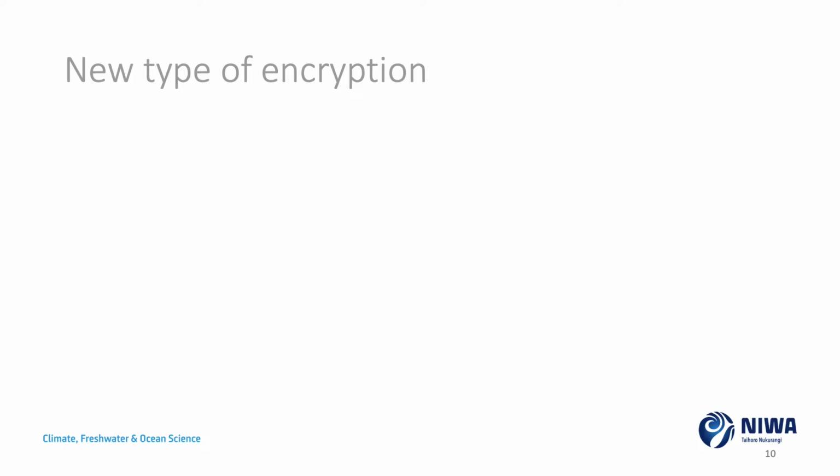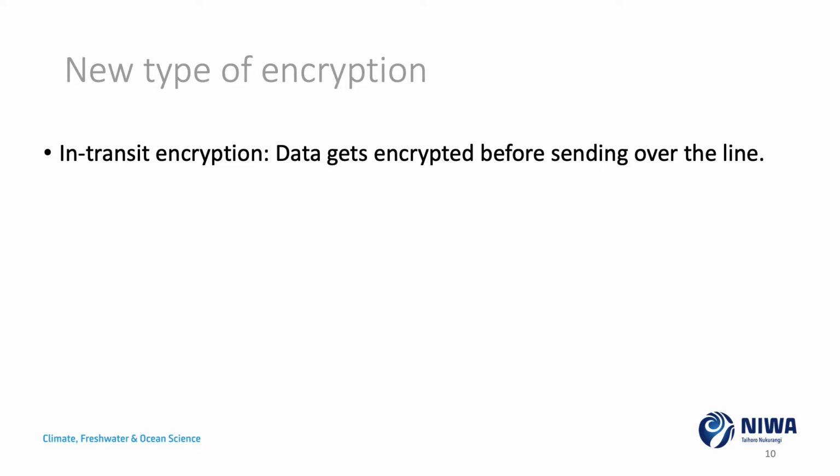Are you concerned that someone can eavesdrop on your packet while you're sending messages from your machine all the way to the cloud? Because there are many companies that are part of that process, many connectivity providers, and it doesn't go straight to your cloud provider. We all know that, right? In that case, that's called in-transit encryption, because you're afraid of someone eavesdropping on the message. So you encrypt that before you send that over the line.